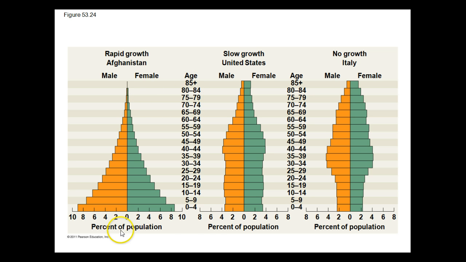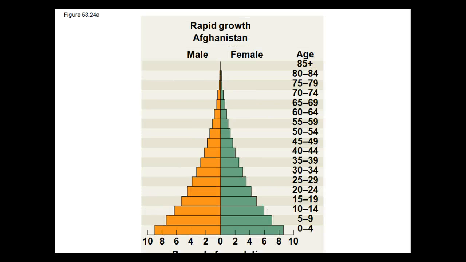So the percent of population, I find this kind of fascinating between the different countries. So the annual growth rate was 2.6% in Afghanistan, 1.0% in the United States, and 0 in Italy.